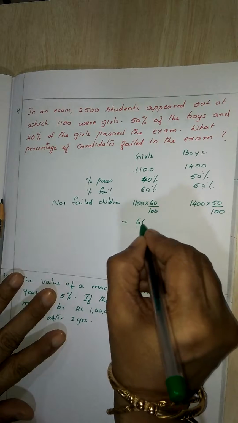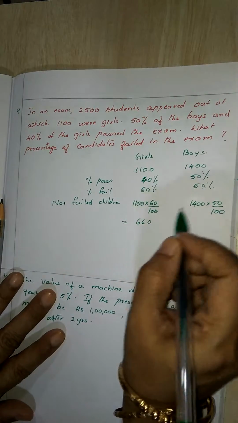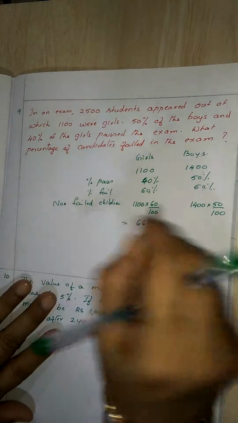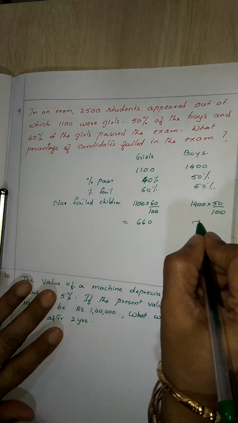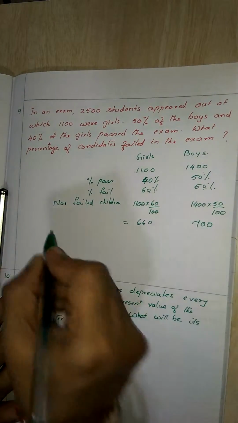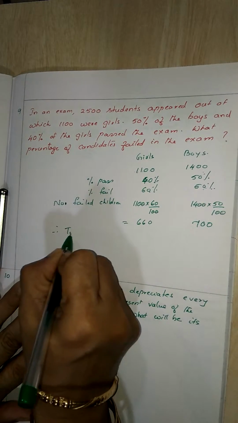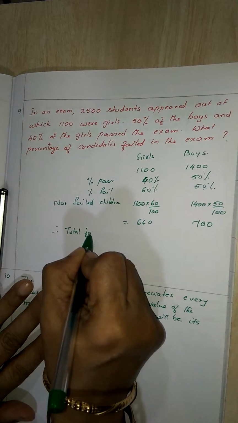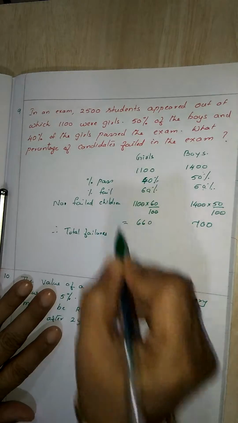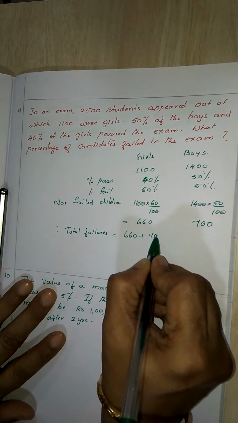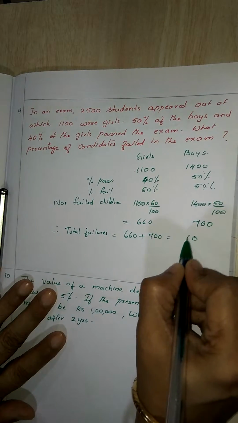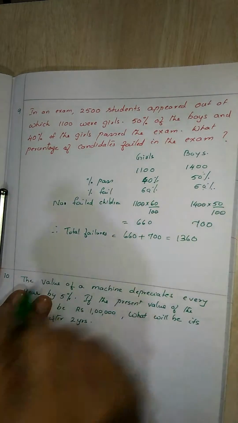I'll get 660 girls failed, and in this 700 failed. So total number of failures including boys and girls is equal to 660 plus 700, that is equal to 1360.